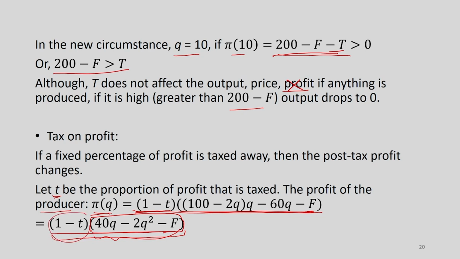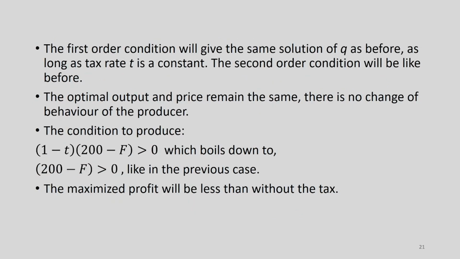So, you are going to get the same first order condition that you got when there was no tax, and similarly the second order condition will be like before, it will be satisfied. Therefore, the optimal output and price remain the same. There is no change in the behavior of the producer, right.